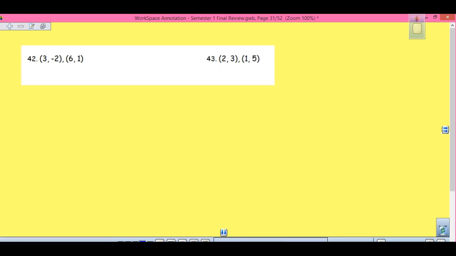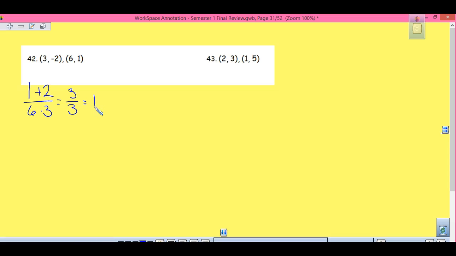Okay, what's my first thing I need to find here? Okay, so what am I finding? Gotta find slope. So to find slope, I go 1 plus 2 over 6 minus 3, which is 3 over 3, which is 1.